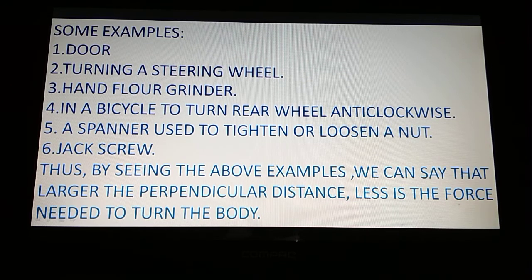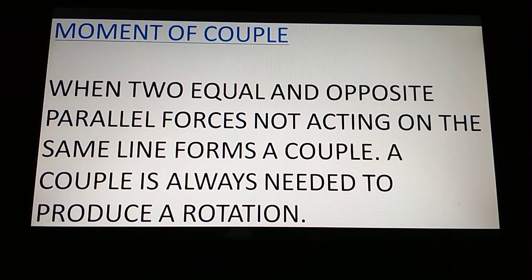If there is a long arm, then less effort is needed to rotate it. That's why it is also an example of moment of force. Thus, by seeing the above examples, we can say that the larger the perpendicular distance, the less force is needed to turn the body. Next is our moment of couple.